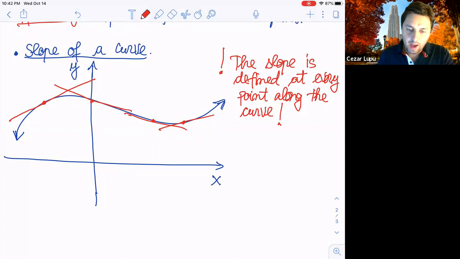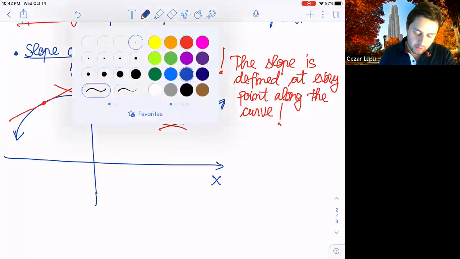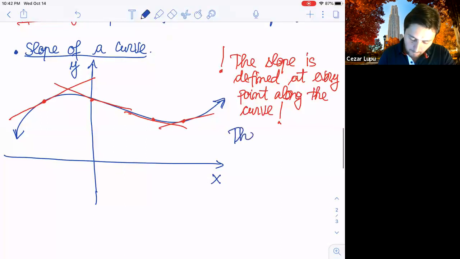Now we can say that the slope is changing the entire time.